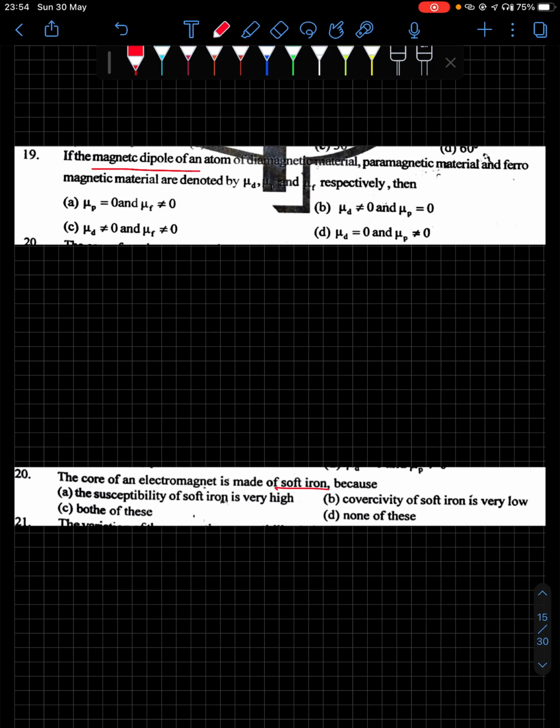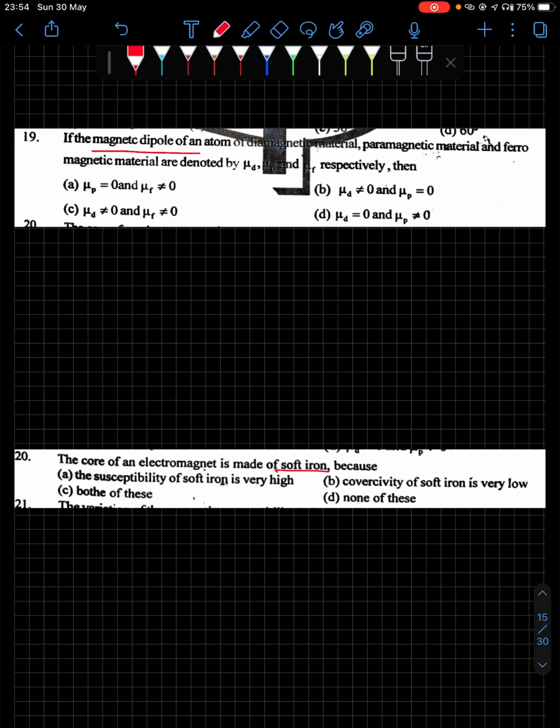Is it permeability? No, it is the magnetic dipole of an atom. What is it denoting? Mu tells you about permeability. So we know that permeability is less than 1.